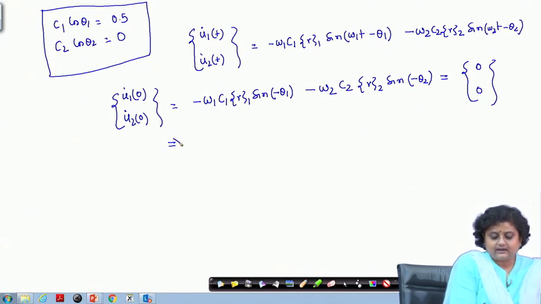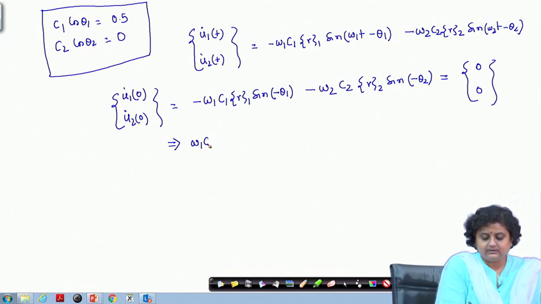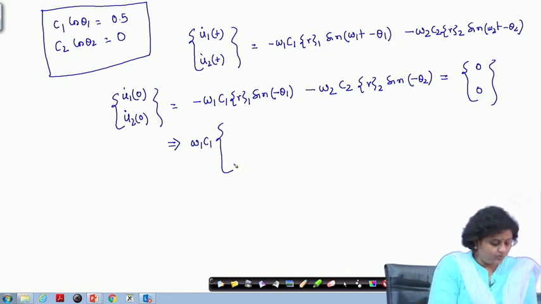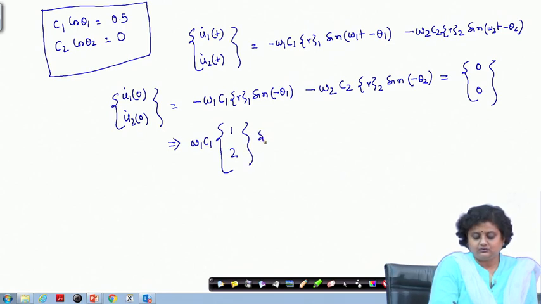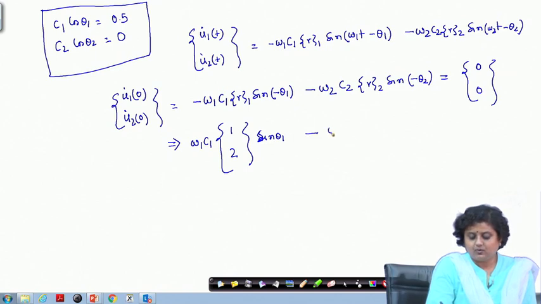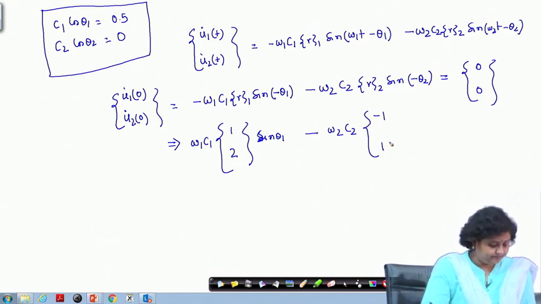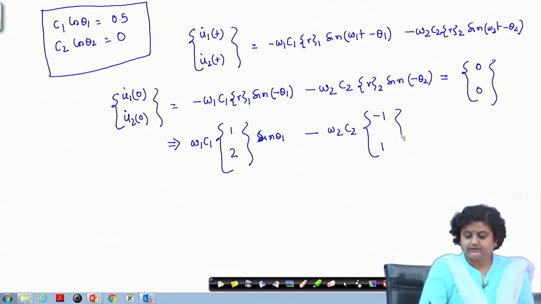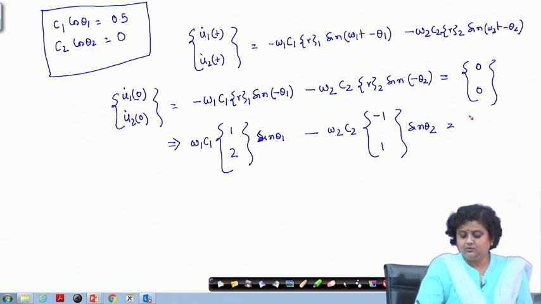So, this can actually be written in expanded form as omega 1 C1 R1 is 1 and 2 into sin theta 1 minus omega 2 C2 into 1 minus 1 and 1, and this can be written as sin theta 2 is equal to 0 and 0.